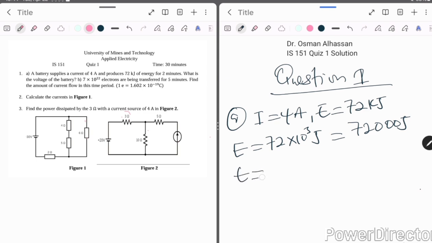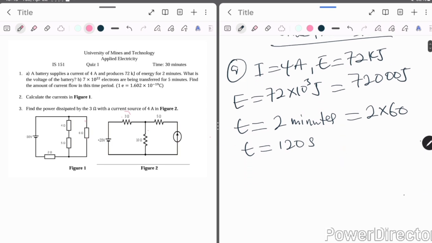So time equals 2 minutes. We are going to change this into seconds. So we have 2 times 60, that's going to give me 120 seconds.